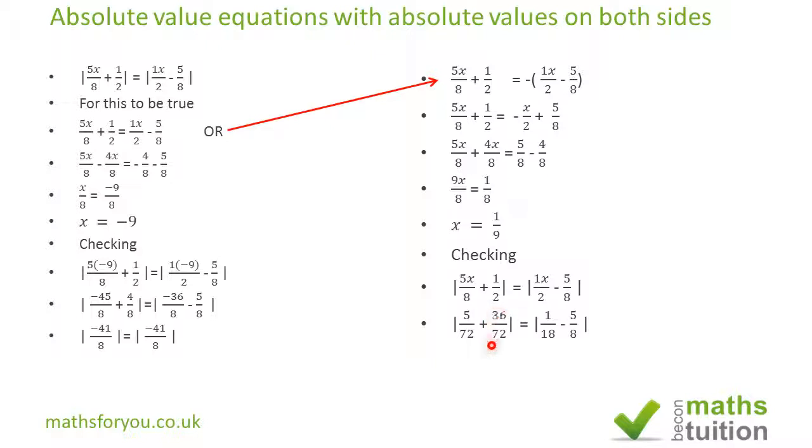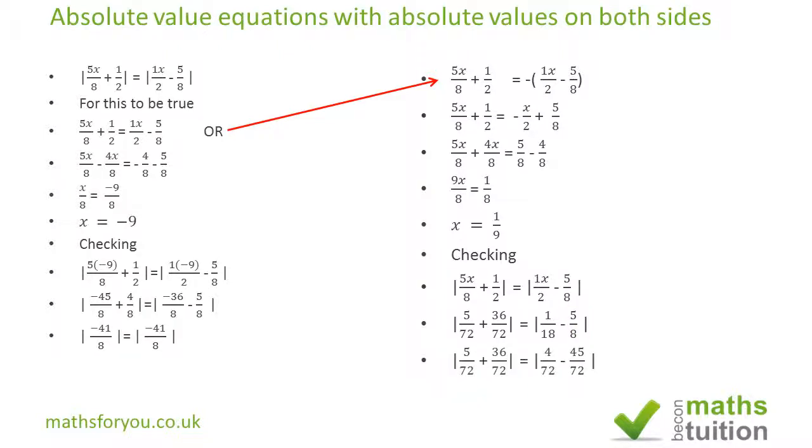That is an equivalent fraction of a half, and that's equal to 1/18, because we're multiplying 2 by 9 there, because x is 1/9. So 1/18 minus 5/8. Now to make the right hand side have the same denominator, we multiply 1/18 by 4 and multiply 5/8 by 9.